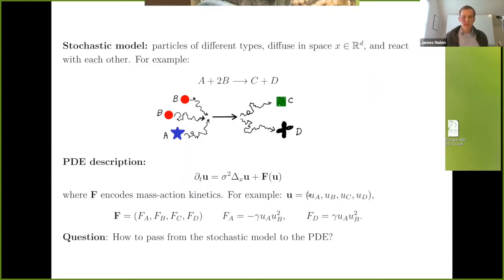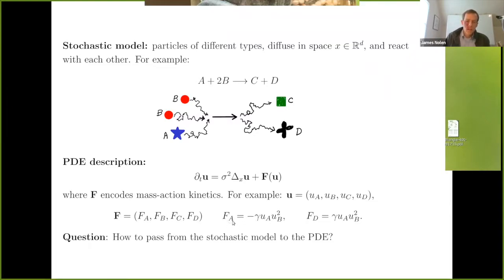It's a system, so each component in the system corresponds to a concentration or density of one of the chemical species involved. And the reaction term is a nonlinear vector field that encodes the mass action kinetics. So for example, just considering this type of reaction, the PDE would have a nonlinearity involving terms of this form.